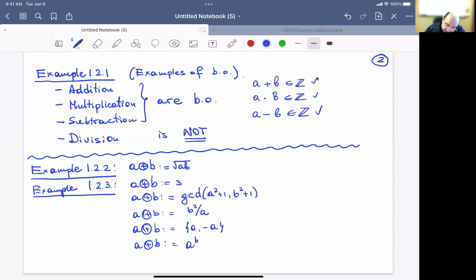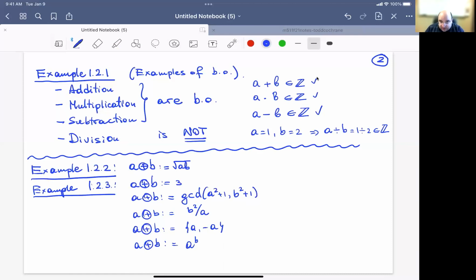On the other hand, division is not a binary operation. That's because there are some integers such that if you take one and divide by the other, the result is not an integer. For instance, if you take a to be 1 and b to be 2, then a divided by b, which is 1 over 2, is 0.5, not an integer, and therefore it is not a binary operation.